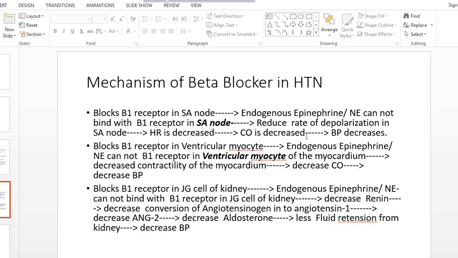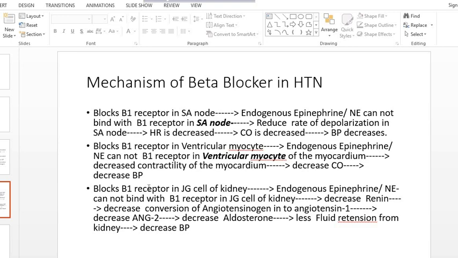When heart rate is decreased, cardiac output is decreased, and when cardiac output is decreased, your blood pressure decreases. Second, beta blocker blocks beta 1 receptor in the ventricular myocyte, so endogenous norepinephrine and epinephrine cannot bind with beta 1 receptor in the ventricular myocyte of the myocardium, and this will lead to decreased contractility of the myocardium, and this will lead to decreased cardiac output, and this ultimately leads to decrease in blood pressure.